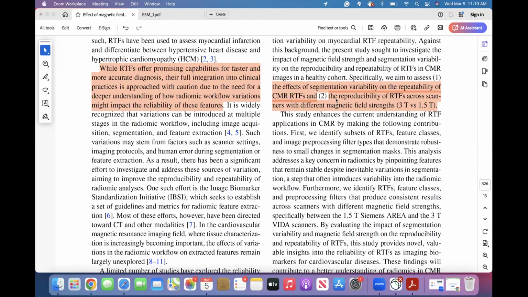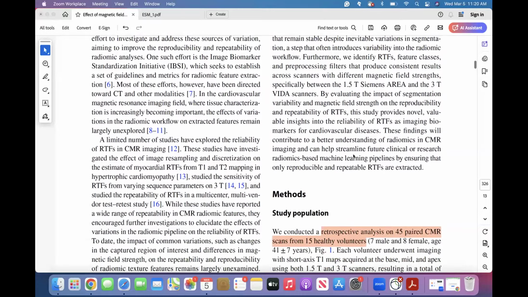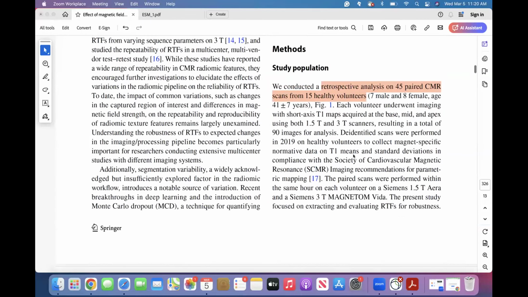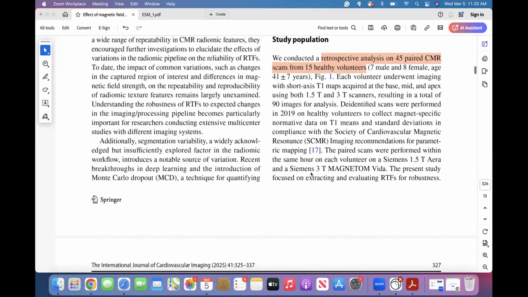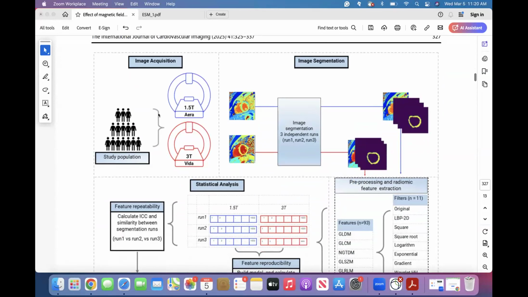And then secondly, to ascertain the reproducibility of RTS across scanners from different magnetic field strengths, in this case 1.5 Tesla and 3 Tesla scanners. This was a retrospective analysis performed on 45 paired CMR scans acquired from 15 healthy volunteers. This is an overview of the study pipeline. I'll quickly go through and then give more details on some portions.